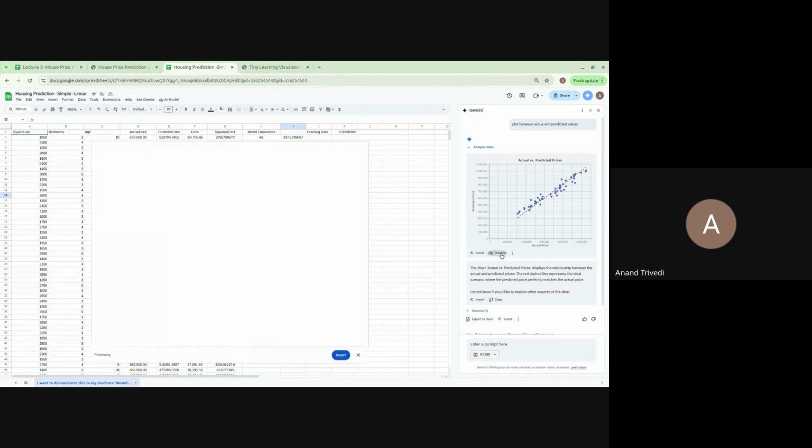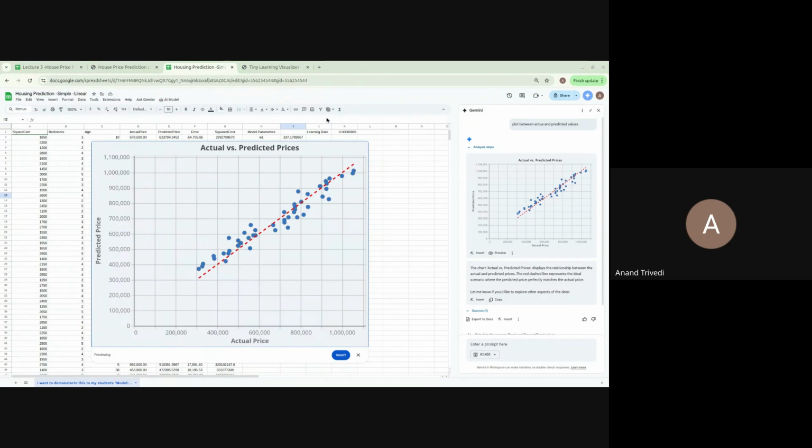It is showing this way, but I'm not sure which circle is the predicted price and which is the actual price.